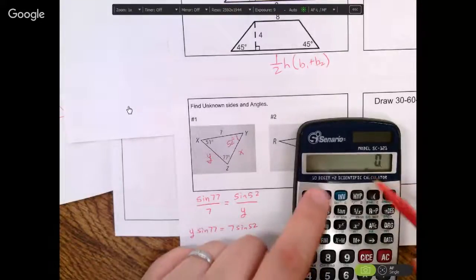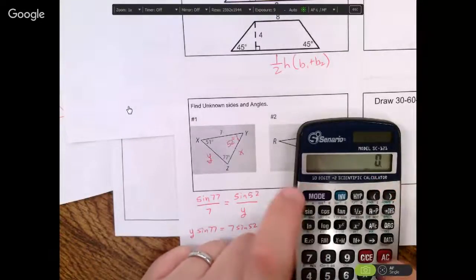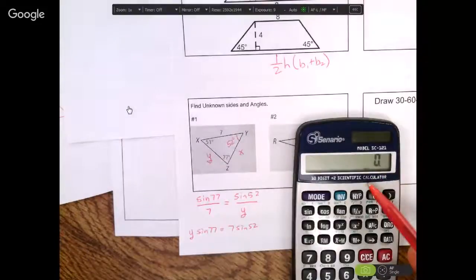I want it to be in degrees. How do you know that you're in the right mode? Because it'll give you bad answers.